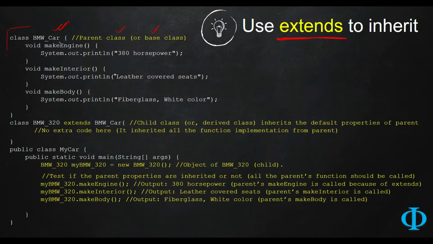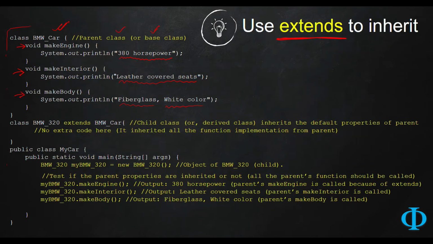The first one is the make engine function, which is by default, let's say, 380 horsepower. I printed the value. The next function is make interior, and let's say there are leather covered seats in the interior. Finally a make body function, which is a fiberglass body and a white color. These things are being printed.